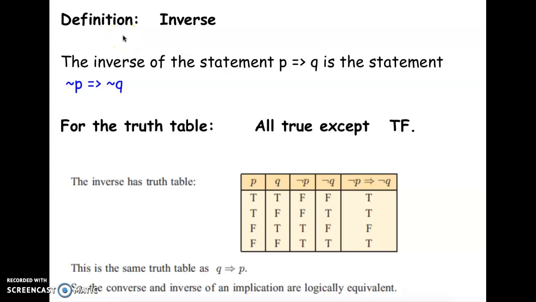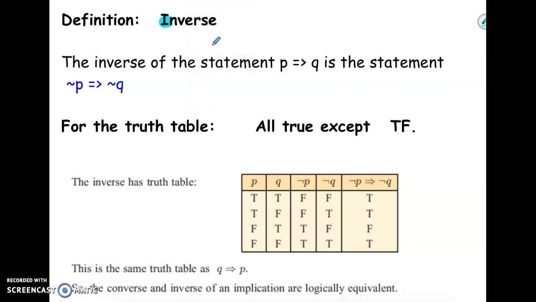All right, this lesson is 8E, focusing on inverse. So the definition of an inverse is taking an if-then statement. So this symbol right here, if you remember, is an implication, or an if-then statement.